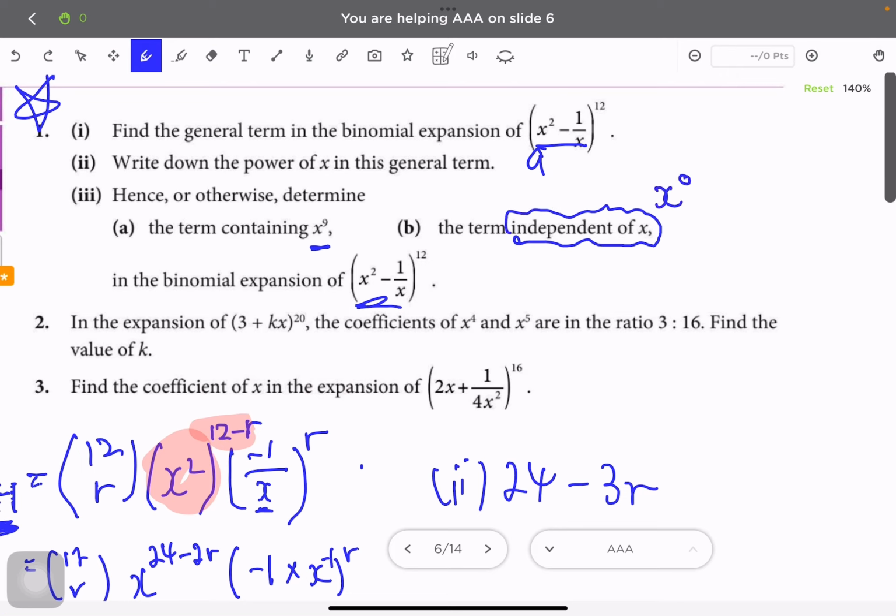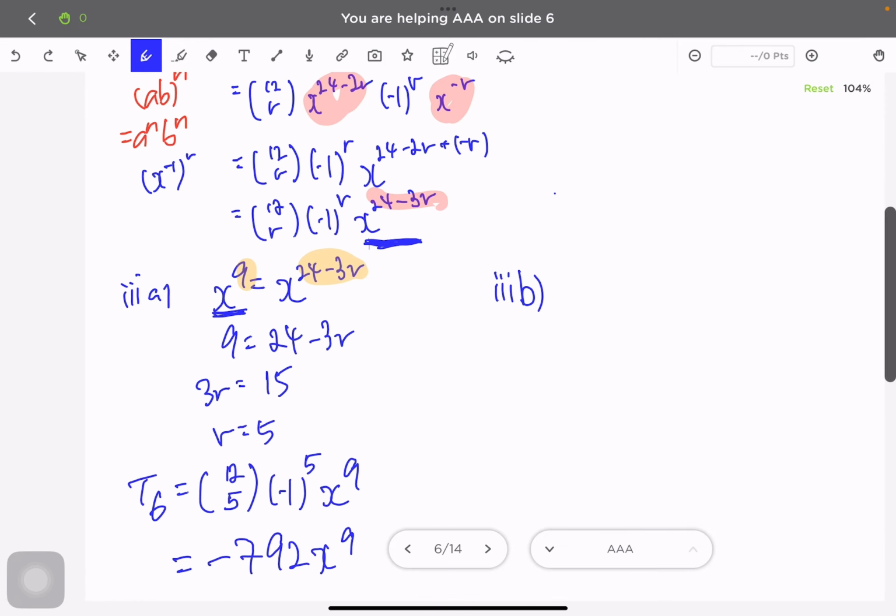So if I were to find x to the power of 0, same thing: x to the power of 0 equals to x to the power of 24 minus 3r. So 0 equals to 24 minus 3r, 3r equals to 24, r will be equals to 8.